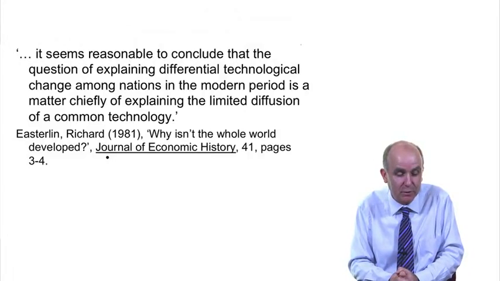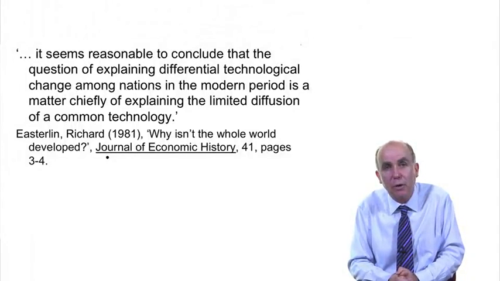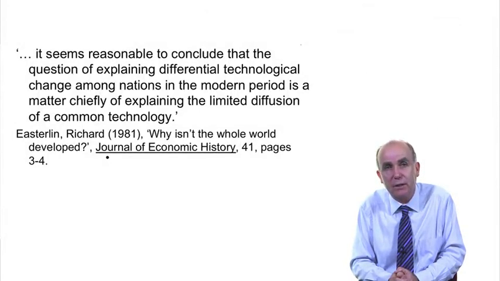This is summed up in a quote by Richard Easterlin, who wrote an article back in the early 1980s, "Why Isn't the Whole World Developed?" Easterlin said, "It seems reasonable to conclude that the question of explaining differential technological change among nations in the modern period is a matter chiefly of explaining the limited diffusion of a common technology."